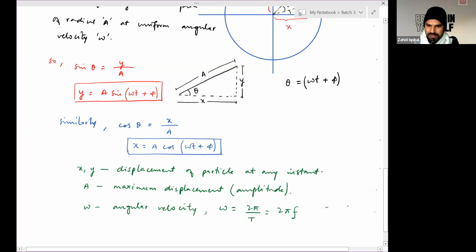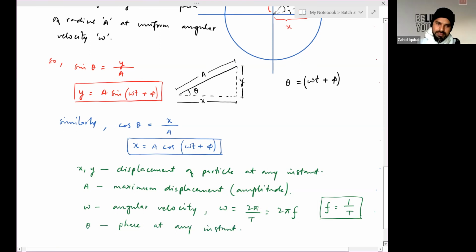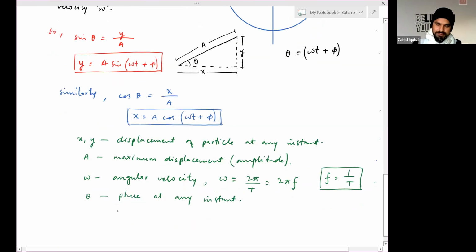So frequency is reciprocal of time period. In the last part, theta simply defines you phase at any instant, phase or simply angle. So if you have to calculate initial phase, at t equals 0, theta will equal phi. So it is called initial phase, or the phase of this particular particle at t equals 0.